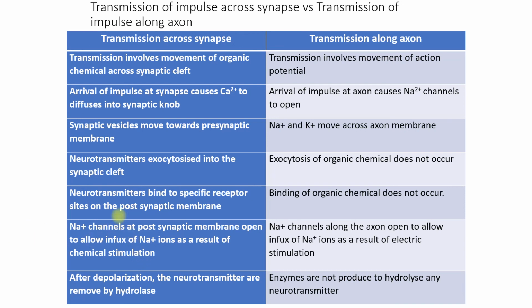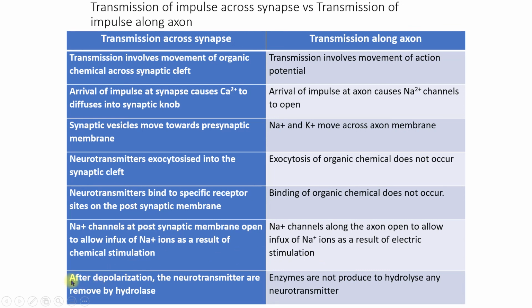Here I should have mentioned, instead of sodium ion channels, sodium ion ligand-gated ion channel. Whereas in transmission along the axon, sodium ion channels along the axon open to allow the influx of sodium ions as a result of electric stimulation.